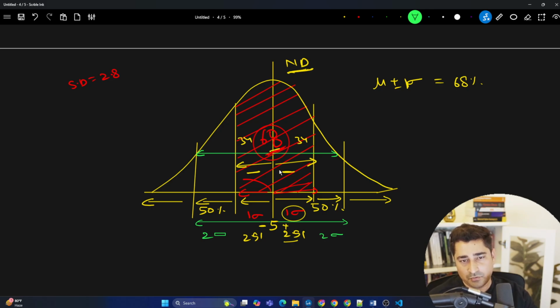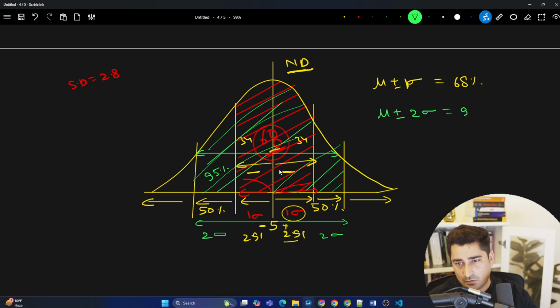So if you take this entire region, this region will be holding 95% of the data, which comes under two standard deviations. So mu plus minus 2 standard deviations is going to hold 95% of the data, still not 100% of the data set at any point of time.